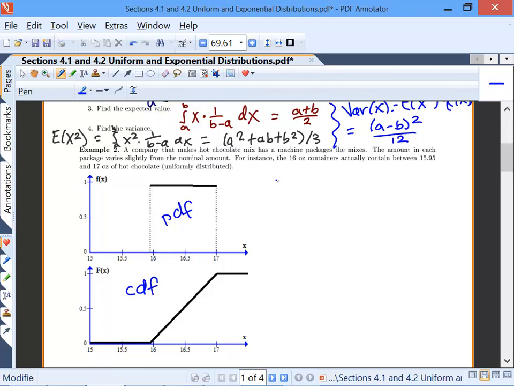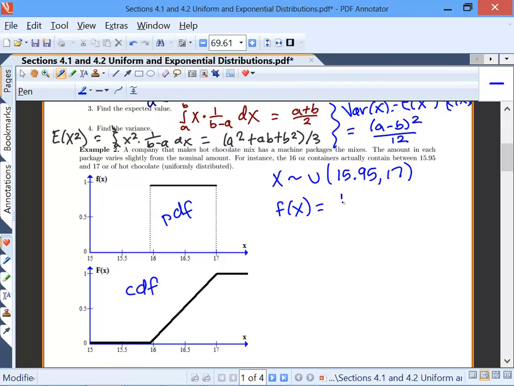So if this is uniformly distributed, so we can say X is uniformly distributed, and what are the two endpoints? 15.95 and 17. So, for example, if I wanted to find my PDF, f of x, I could just use my formula from up above.